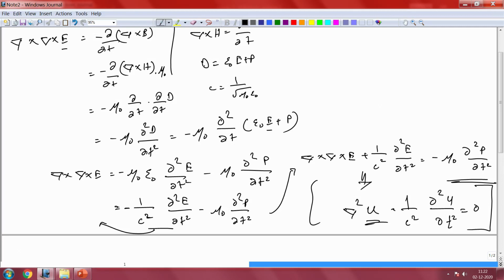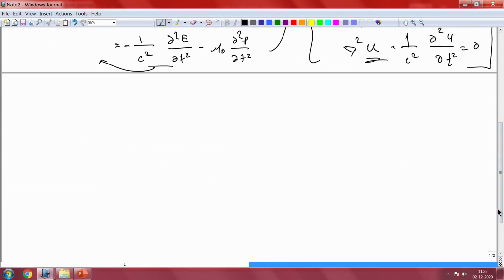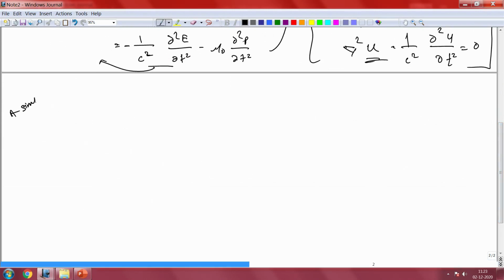Okay. So a simple wave could be represented in this simple way. Let us say a simple wave, very importantly propagating, right.